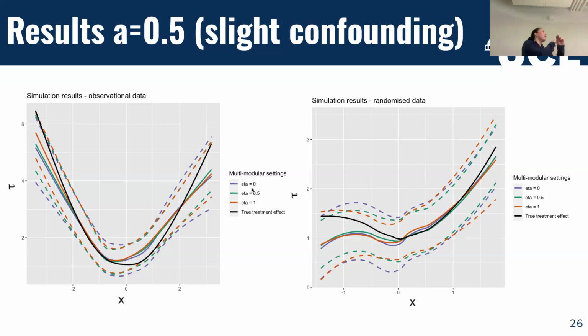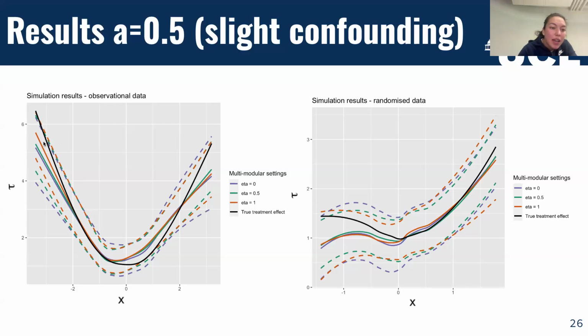So you can think of full cut. Then eta is 0.5. And then eta is 1. So basically eta being 1 would mean we're not touching even the semi-modular setting, so the semi-modular posterior. And the black one is the true treatment effect. The dashed lines are the confidence intervals.